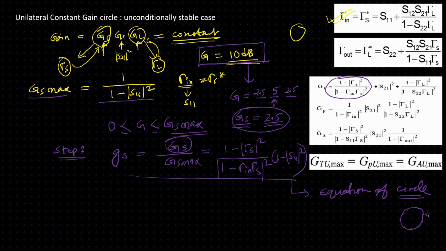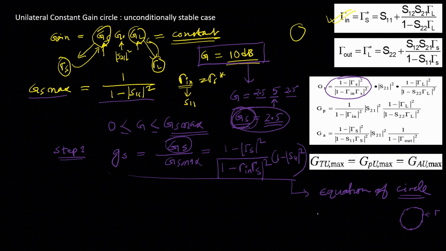So each point will give me one gamma, and that gamma will be gamma S, because we are doing it for the input part. So each point will give me some gamma S point, and gamma S is a complex number, you are convinced?